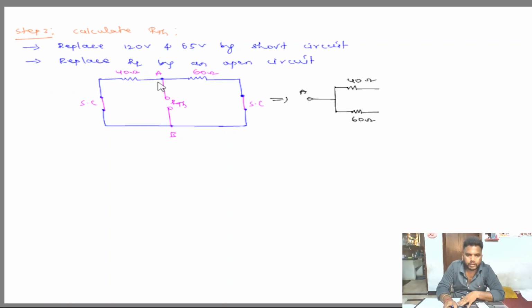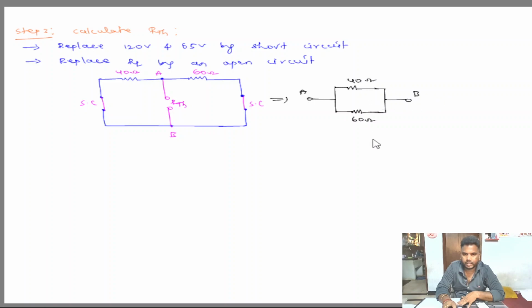From A, this 40 ohm is connected to point B, and from A, this 60 ohm is connected to point B. Means in between 2 points, 2 resistors are connected in parallel. This is the redrawn, modified circuit. Then it is easy to calculate RTH.